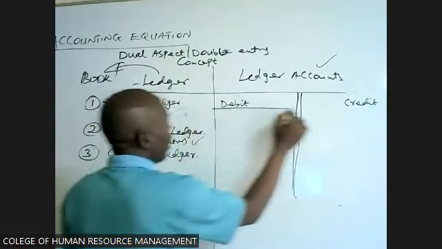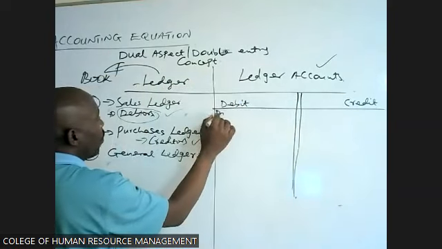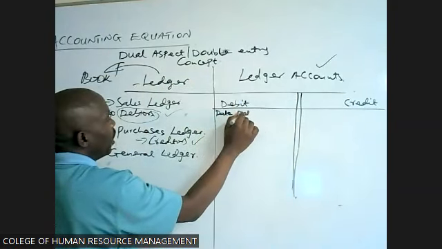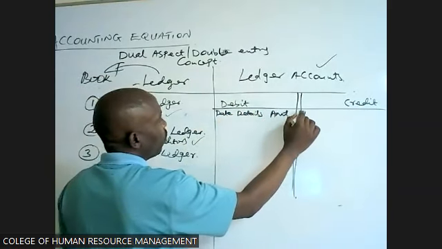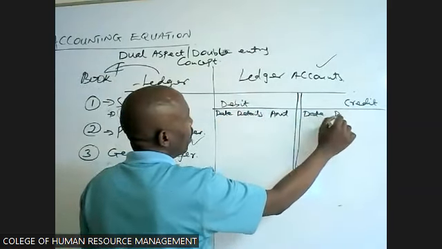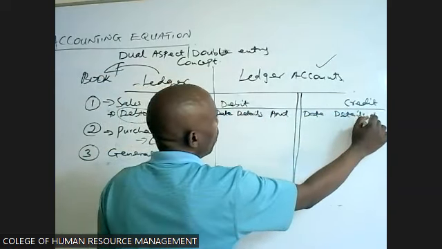Then on the debit side, we must have a column for the date, details, amount. Here we also have the date, the details, amount.